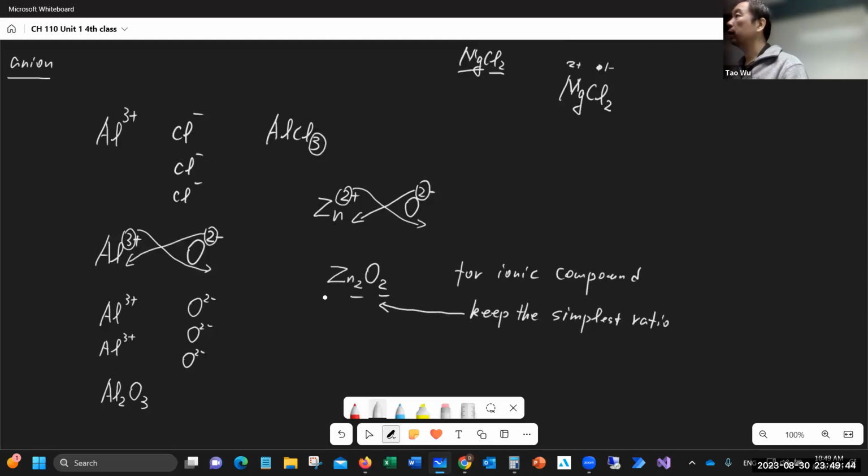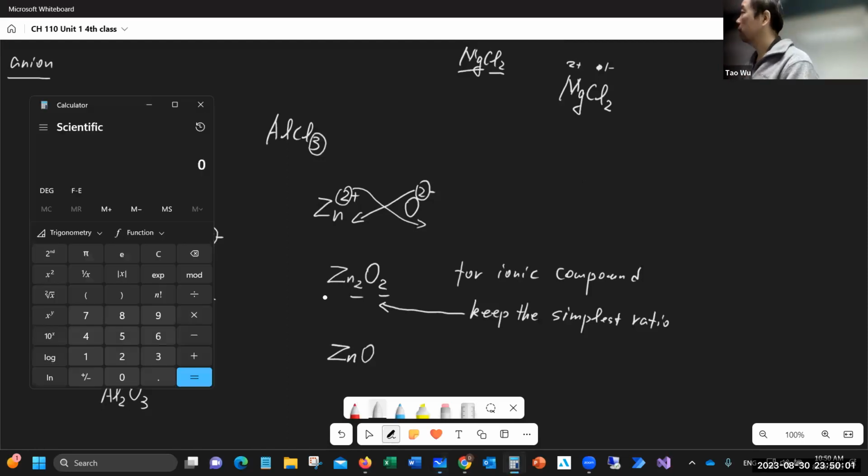This is 2 and 2, so the simplest ratio is 1 and 1. That's why you should write zinc oxide as ZnO, not Zn2O2. So this is how we write those compound formulas. Are you clear?